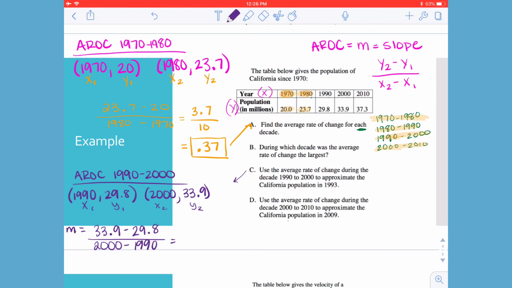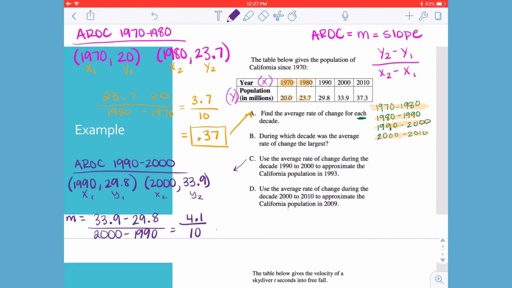And then I'm going to use my handy dandy calculator, and I'm going to do 33.9 minus 29.8, and that gets me 4.1. I'm going to do 2000 minus 1990, and that's going to give me 10. And I'm going to do 4.1 divided by 10, and that's going to give me 0.41.